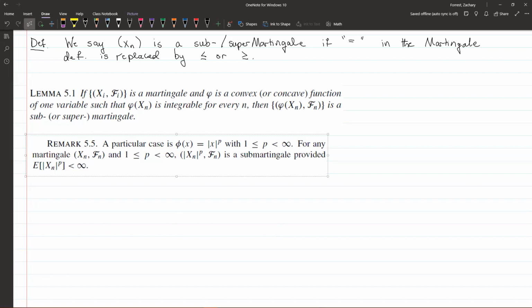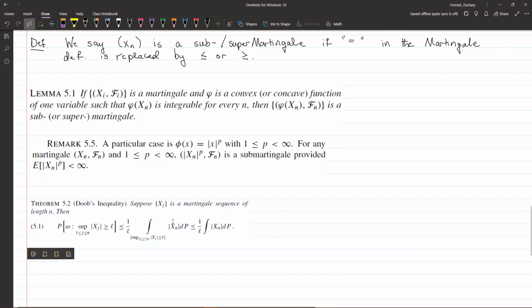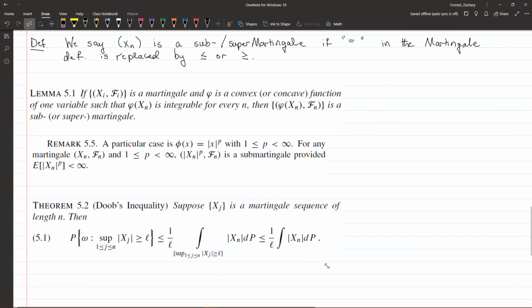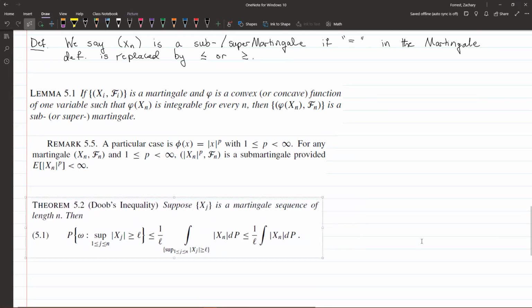All right, so let's have one of the very first inequalities that I encountered with Doob's name on it. I mentioned this one last time. So Doob's inequality, Theorem 5.2.